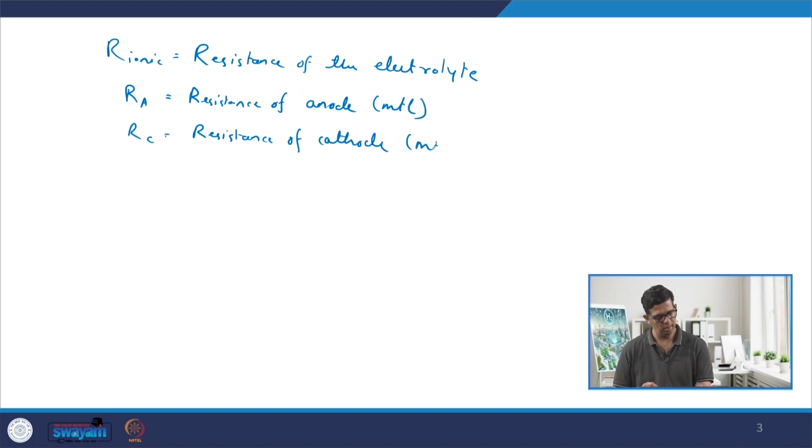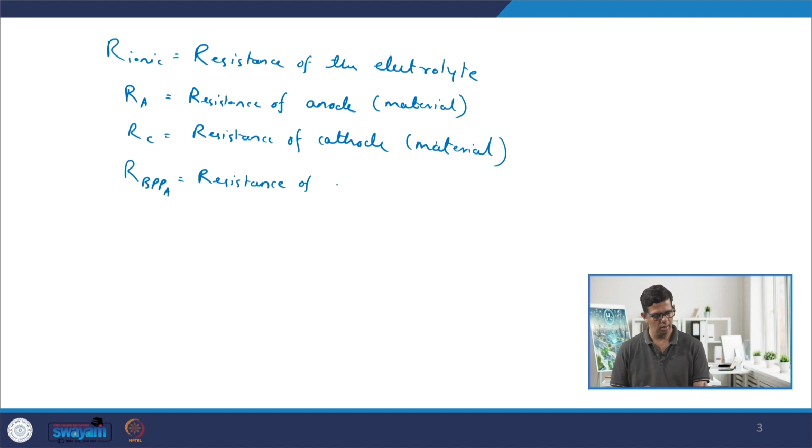This is again from the material perspective. Then we have the resistance of the bipolar plate from the anode side, the resistance of the anodic bipolar plate, again from the materials perspective.